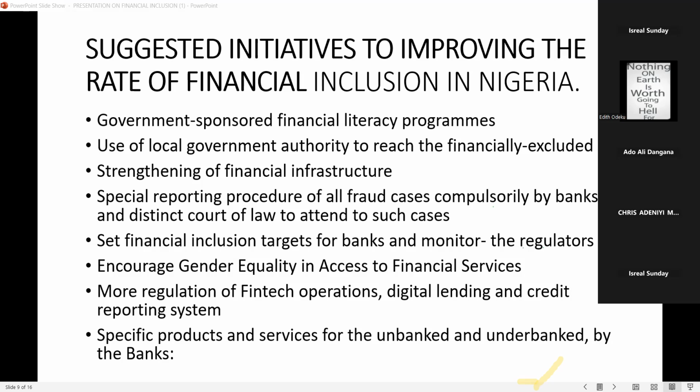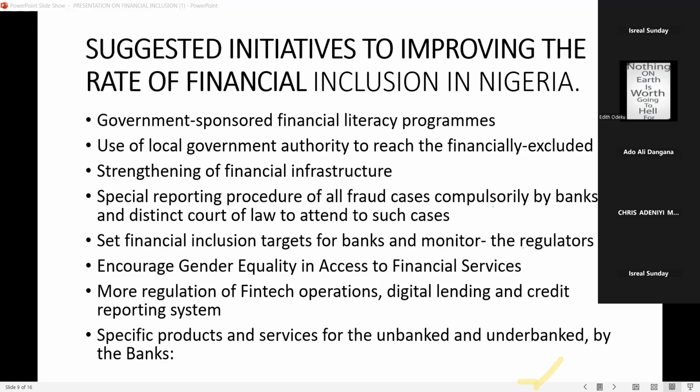We have explained this earlier: if you want to apply for some grant, they want to know how many women are part of the shareholders of that company. Do women hold sensitive and key strategic positions? Those are efforts by donors to encourage gender equality in access to financial services.